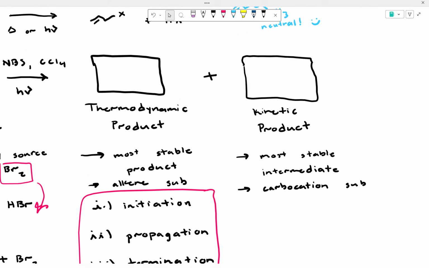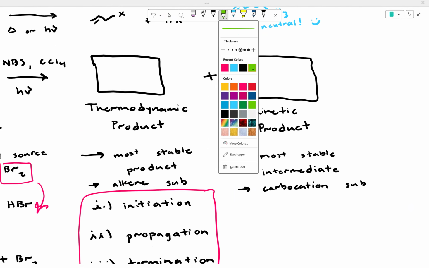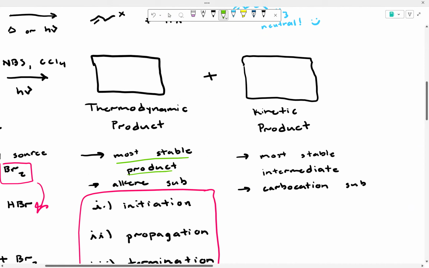The thermodynamic product is the most stable product. That means it's going to be alkene substitution. The most stable product is going to be the one where the alkene has the most substituents.